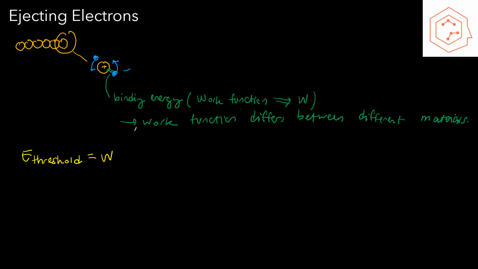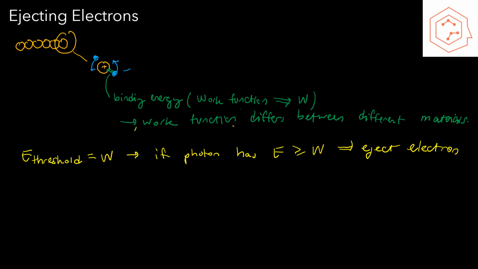If our photon that collides with the electron has more energy or equal energy to this threshold energy, it's going to eject the electron. So if the photon has E that is greater than or equal to W, or the threshold energy, then we eject the electron.